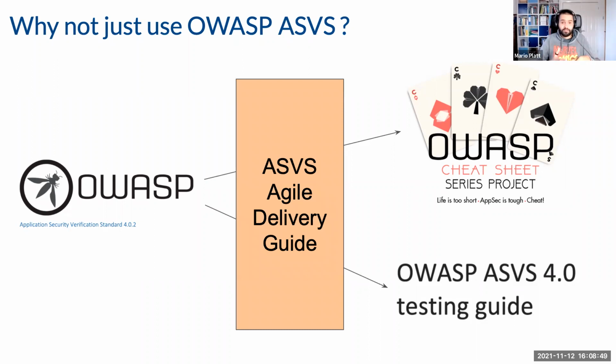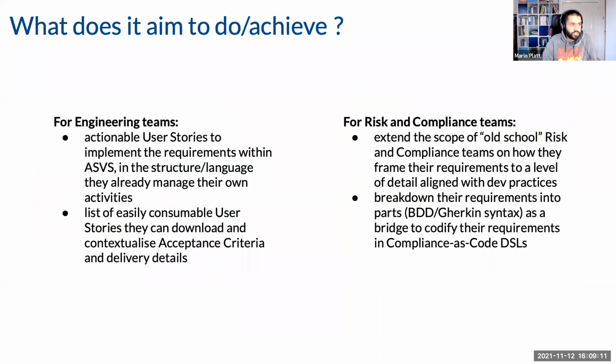Rather than just a checklist that the bureaucrats and GRC people would expect and want to work on, it gives you something you can grab, associate with the user story, and then use the guidance that already exists in the OWASP cheat sheets to give you a bit of guidance on how to actually do it. So that's what we're trying to achieve with this project.